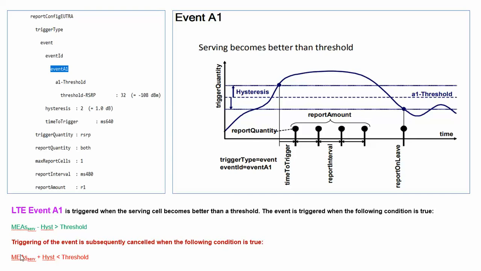The threshold is already set to minus 75, so minus 76 is less than minus 75. That means the event will be cancelled.